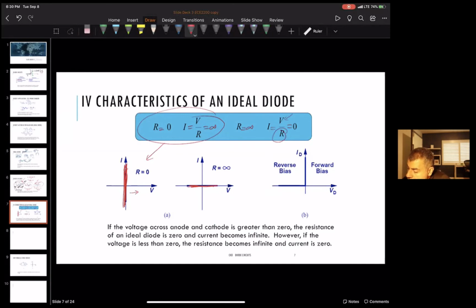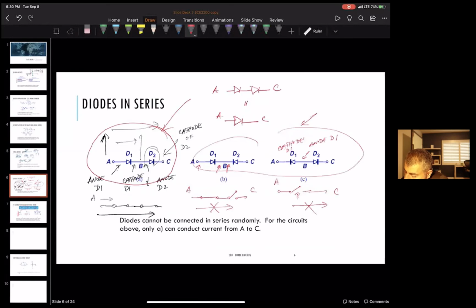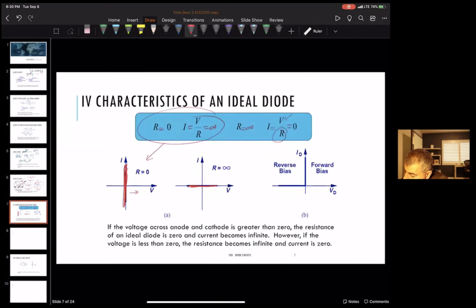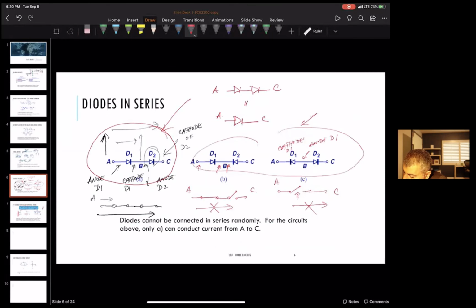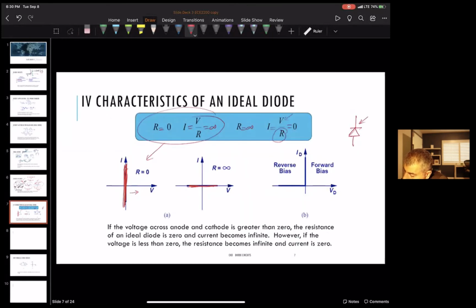Okay, and then an ideal diode, basically, let me just put it another way.